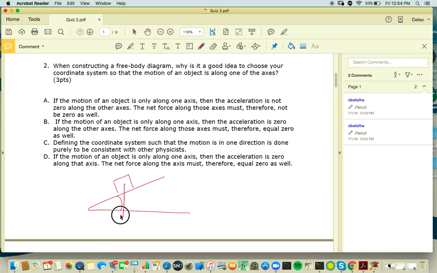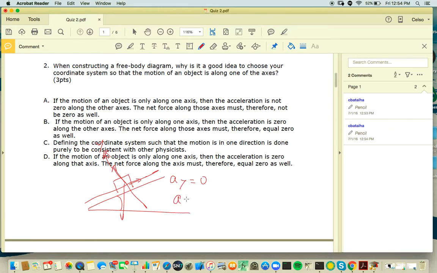You might have a bunch of forces, but we set the x-axis along the direction of the motion. Why? Because in the y direction the acceleration should be equal to 0, since there is no motion in the y direction, right?